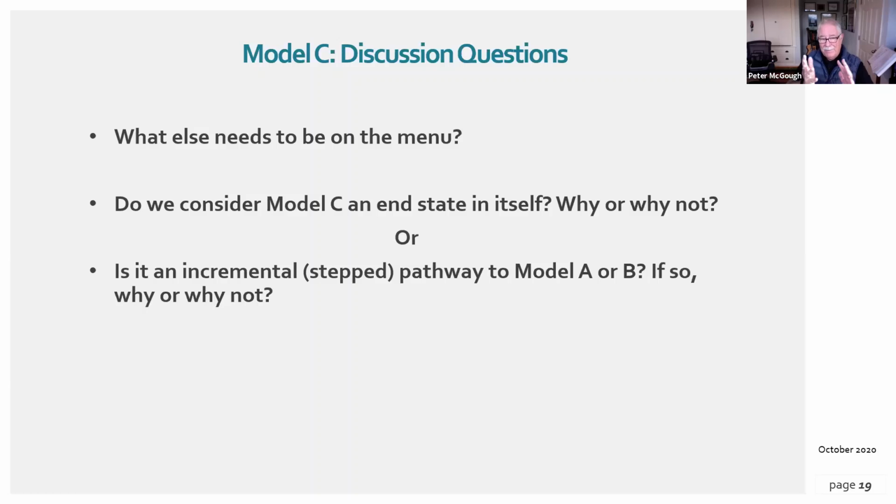But I think the big responsibility and opportunity here is that Model C is a logical next step to getting to Model A. And that's always been the big question in many people's minds: how do we take apart a system that's in place and replace it with a radically different one?